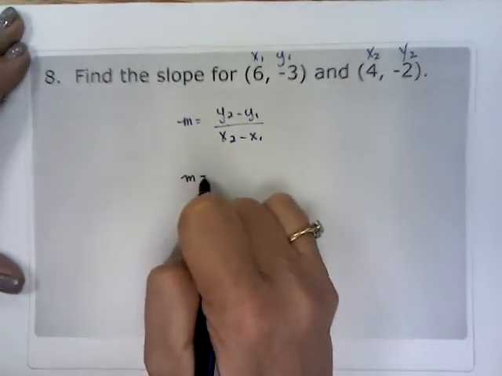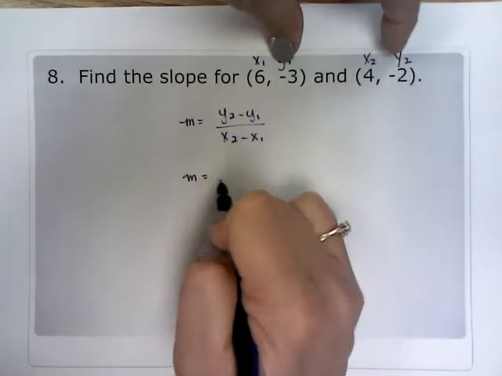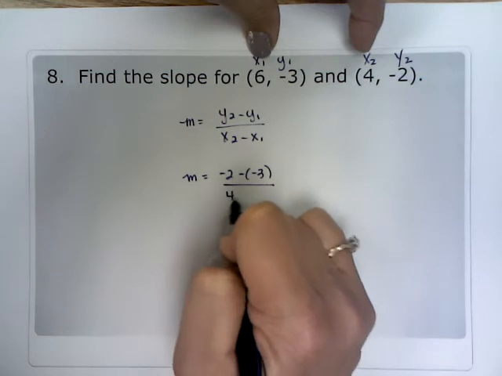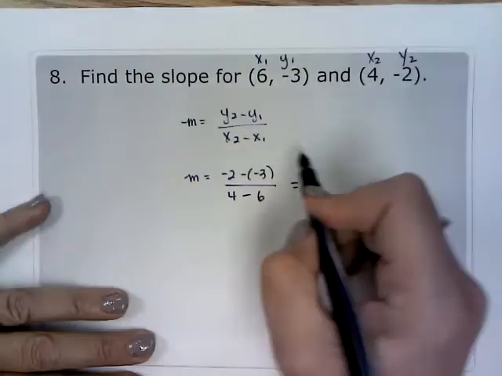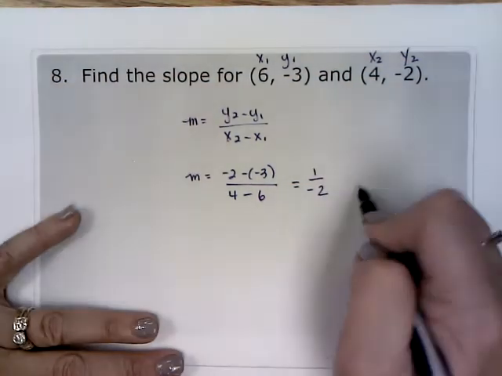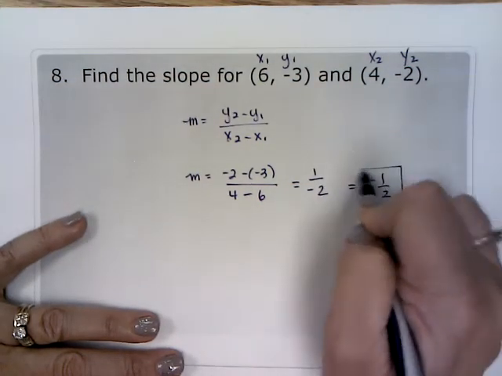So now I just plug in y2 minus y1 divided by x2 minus x1. So -1/2 is my slope.